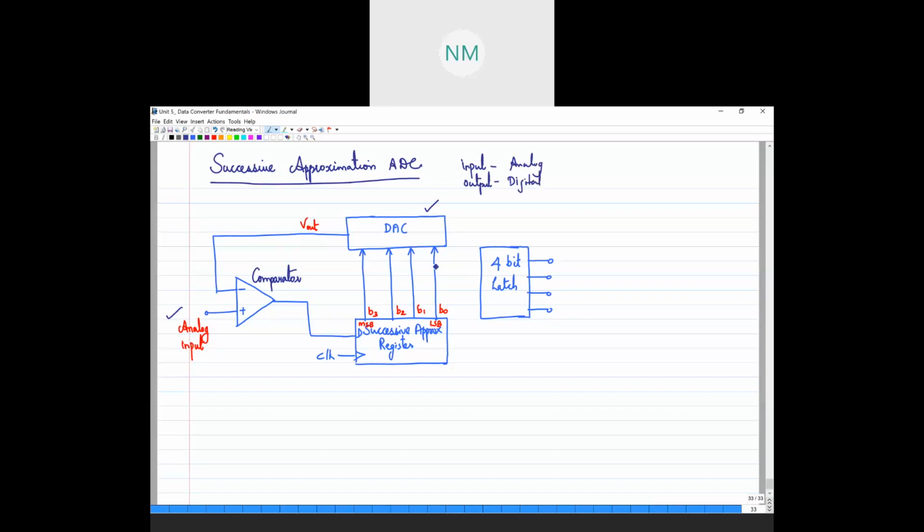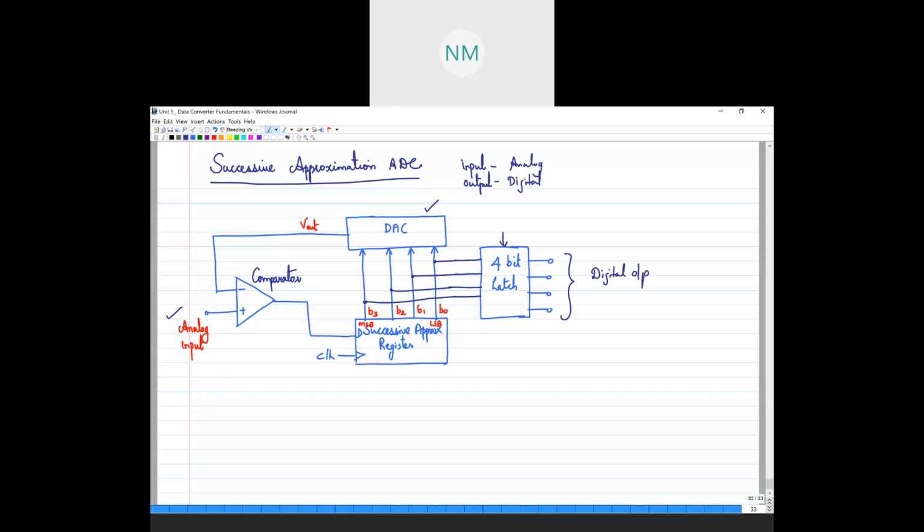So we can get the output from these points, taken out through a latch also. When this latch is enabled, you can get the digital outputs here. That is the purpose of this latch.